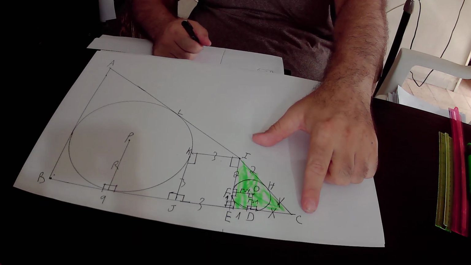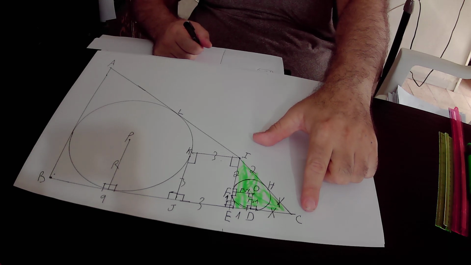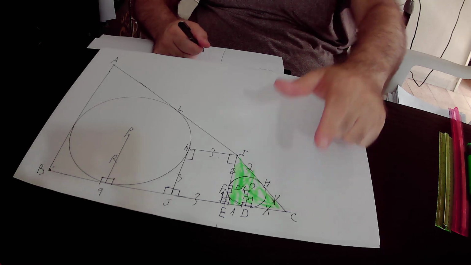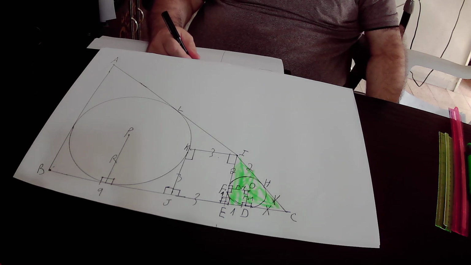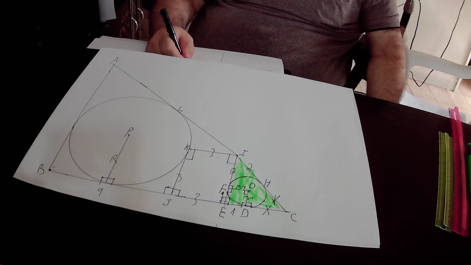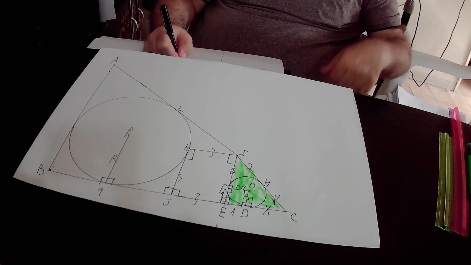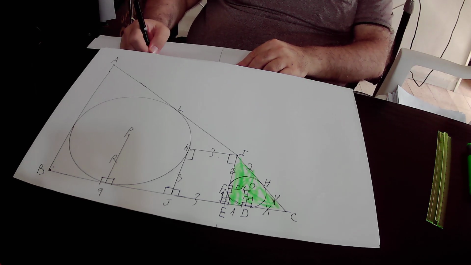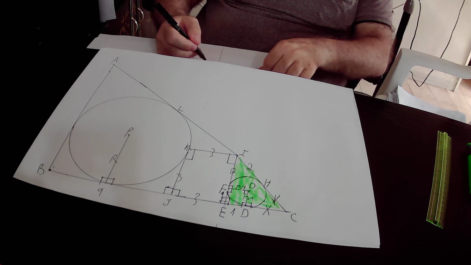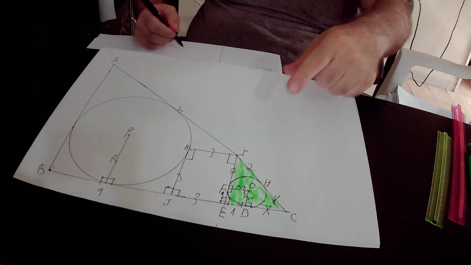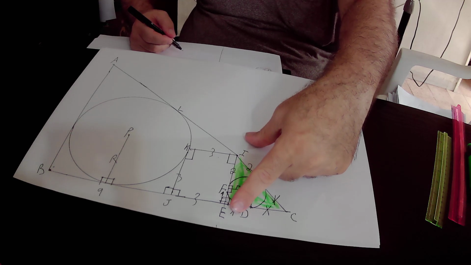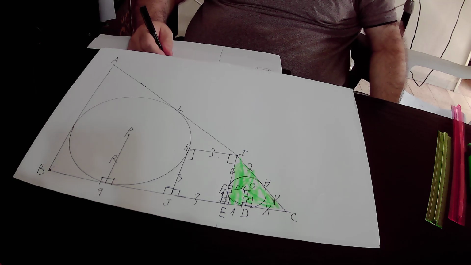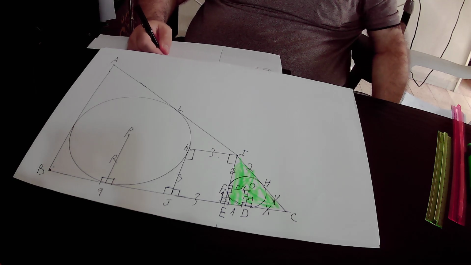It is very easy to see from the drawing that IC equals 2 plus X. Therefore IC squared is equal to (2 plus X) squared, and it is equal to IE squared. IE equals 2 plus 1, that is 3. So IE squared is 3 squared, that is 9, plus EC squared.